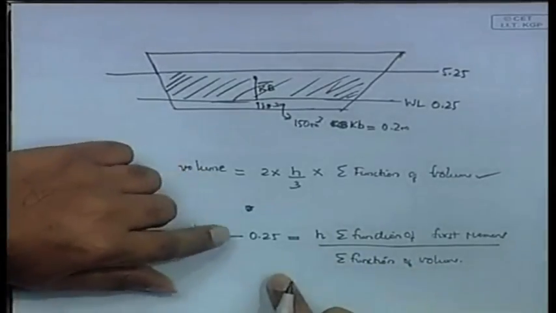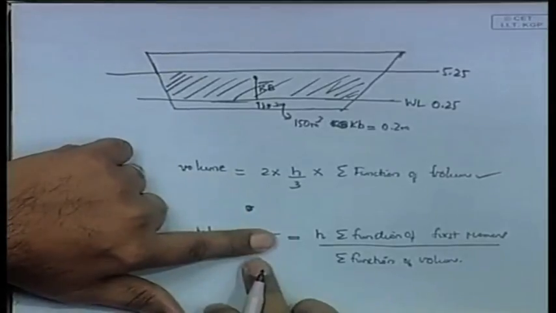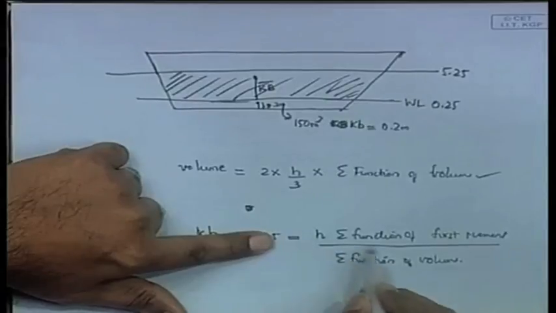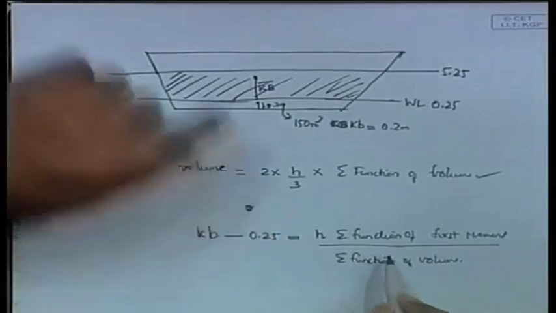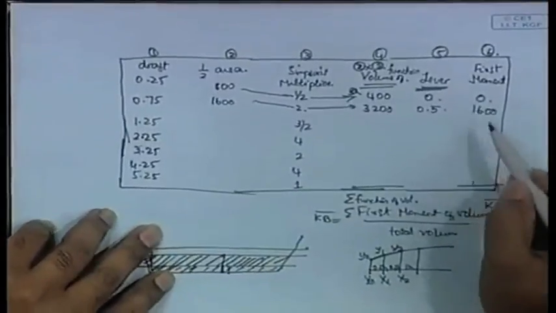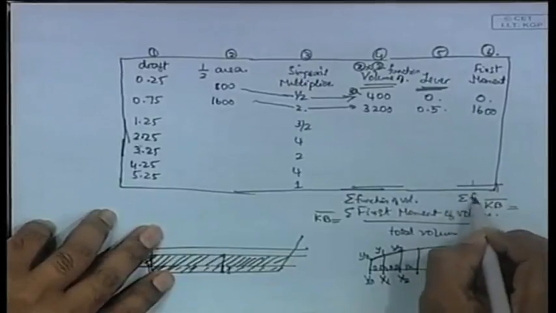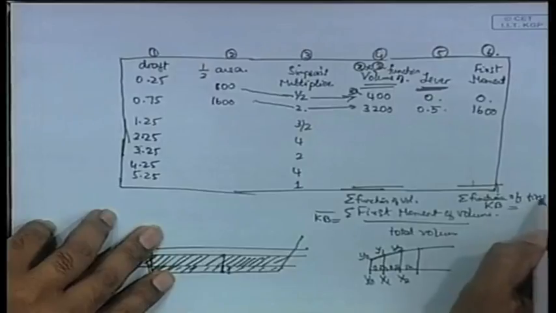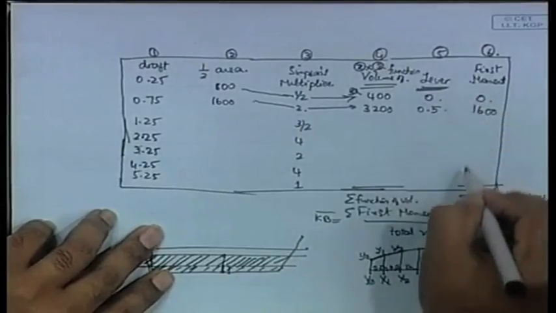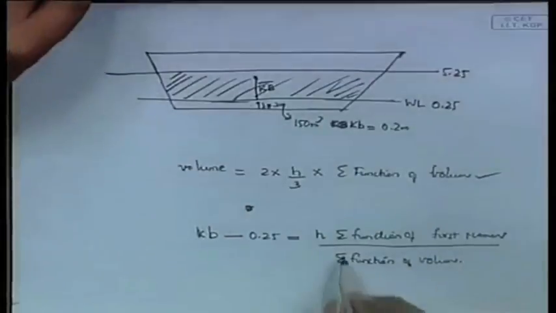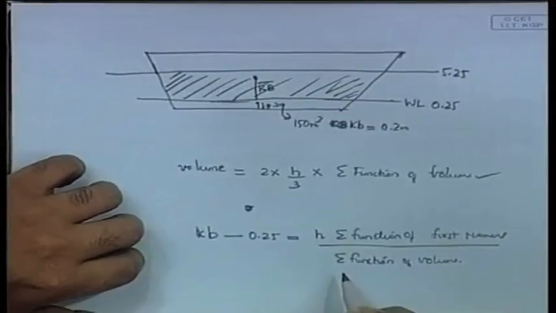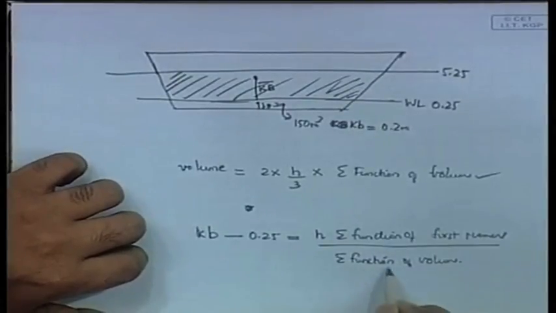The right side is obvious. Let's say that we are finding the Kb here. The Kb is equal to h into function of first moment. This sigma function of first moment is the sum total of all these moments. So sigma function of first moment into h divided by sigma function of volume.